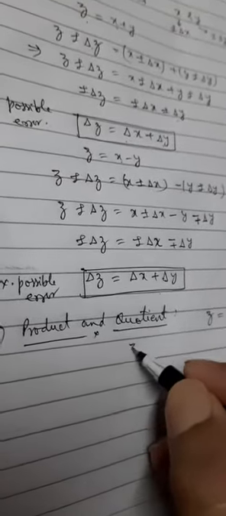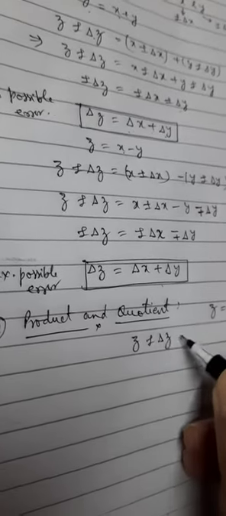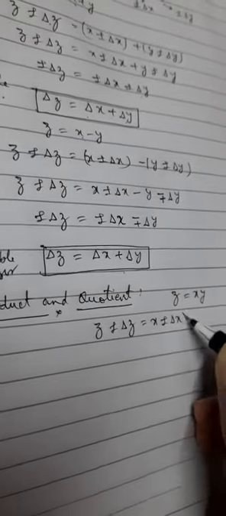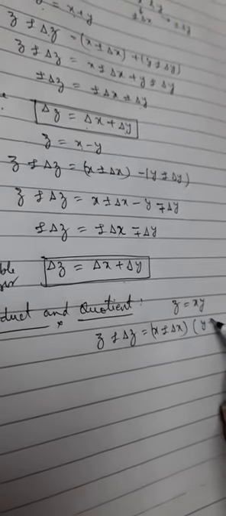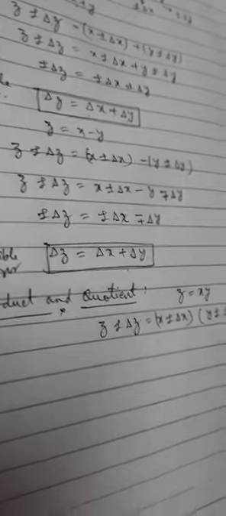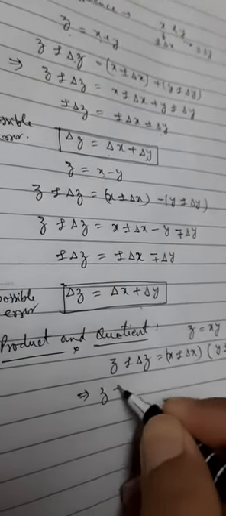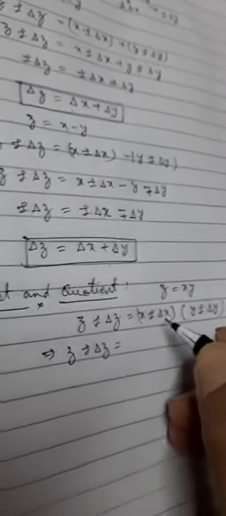Now I am substituting the limiting error here. So z plus minus delta z is equal to x plus minus delta x, into y plus minus delta y. Right? So I can write z plus minus delta z, and then I am going to open this bracket.